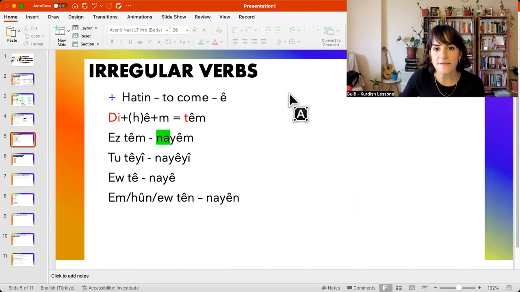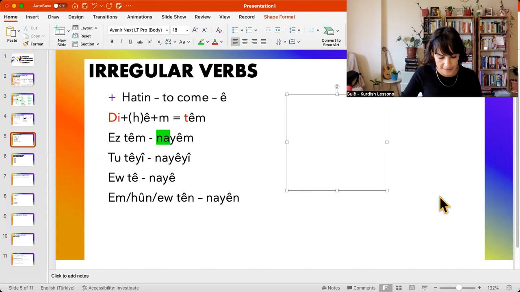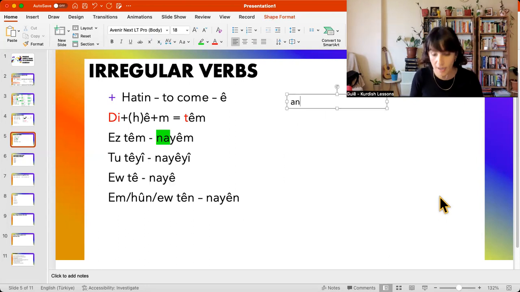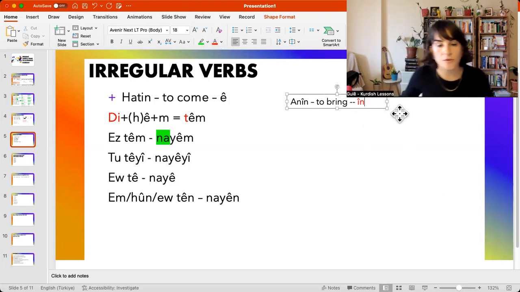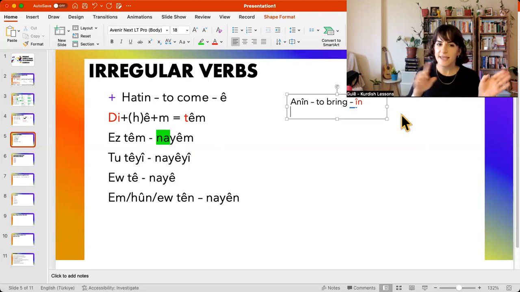And then we have one more verb, which is quite irregular. It is anin, to bring. And this one has in as a stem. So normally you want to say dinum, right? Dinum, but again, with this verb, the di becomes ti, as tinum. I am bringing. I bring.